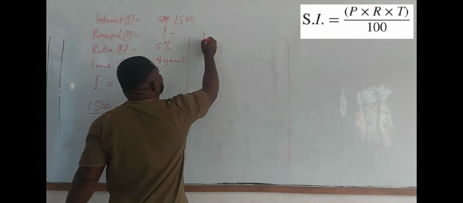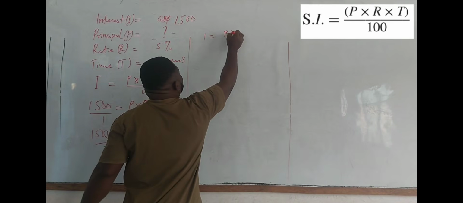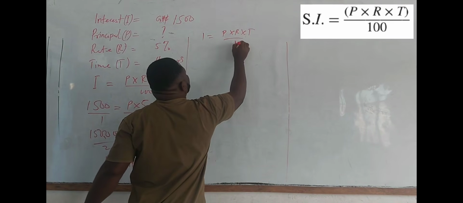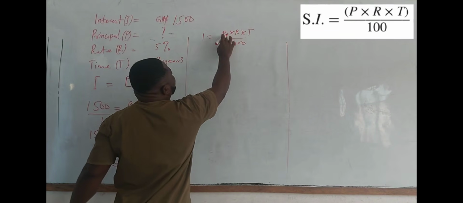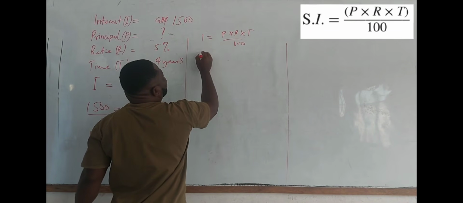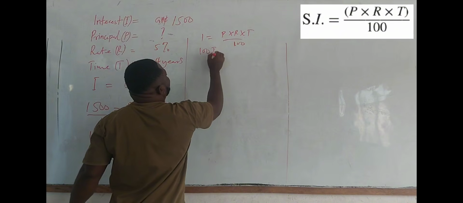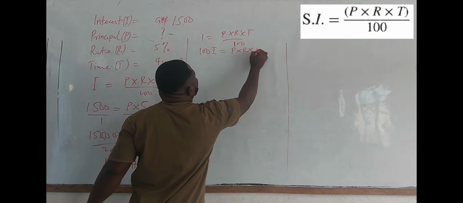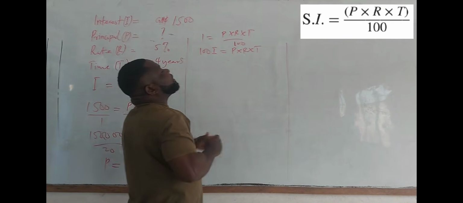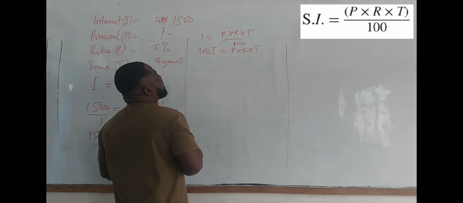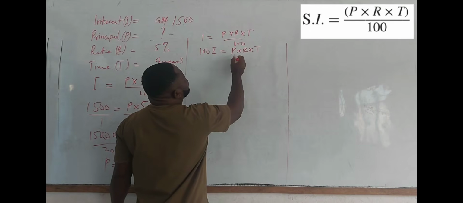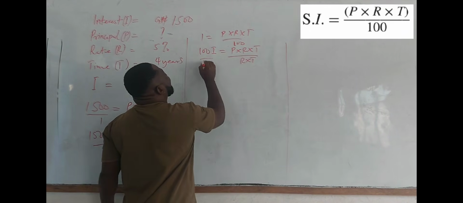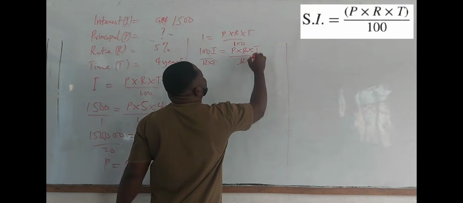We have interest being equal to P times R times T over 100. So we can make P the subject over here. So this multiplies this. We have 100I equals P times R times T. Sometimes it can be written as PRT, the same as P times R times T. In this case, we are looking for P, so we divide through by R times T. This cancels off.